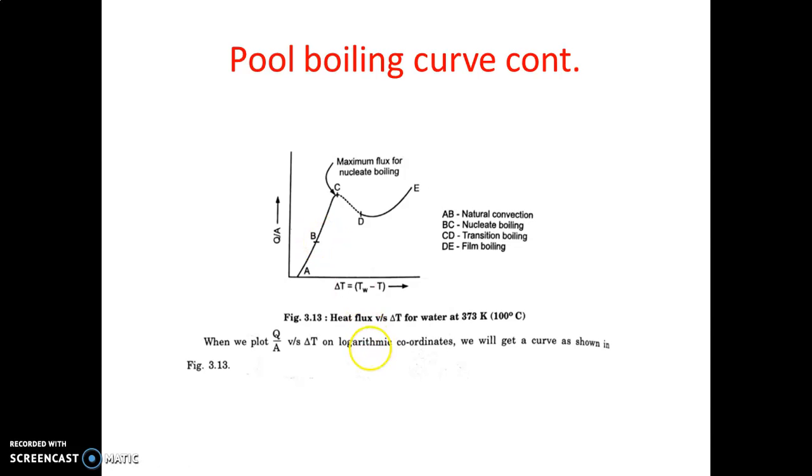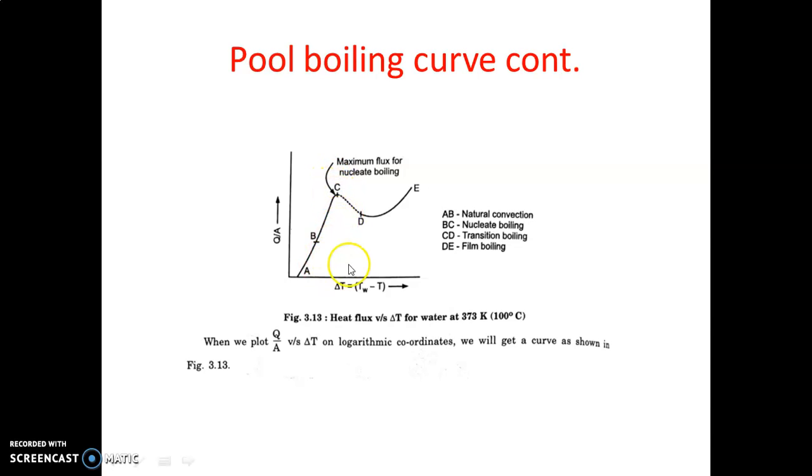As the temperature increases, the rate of bubble production is very large, and it increases the velocity of circulation currents in the mass of liquid, and the heat transfer coefficient becomes greater here, and it reaches point C. Point C is called the critical heat flux, the maximum heat flux for nucleate boiling.